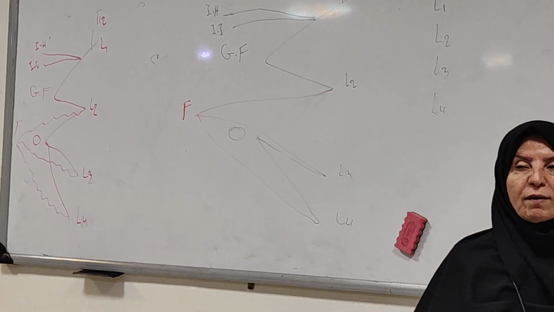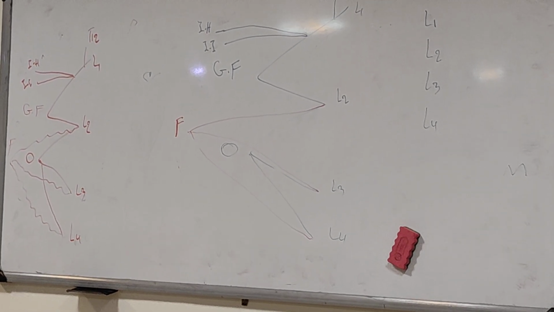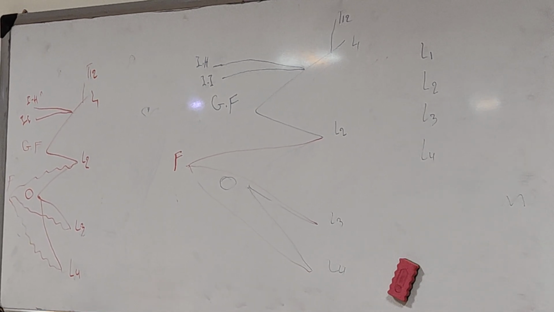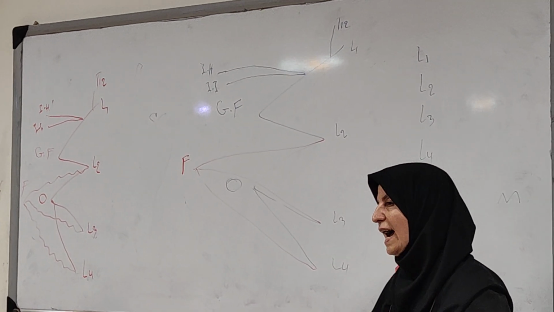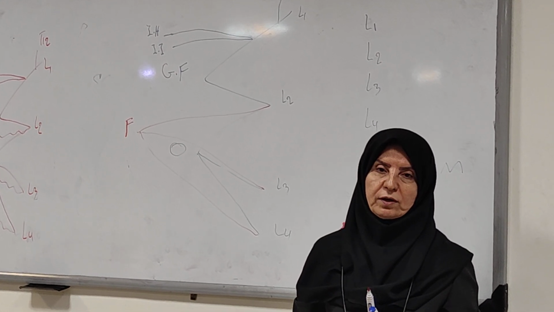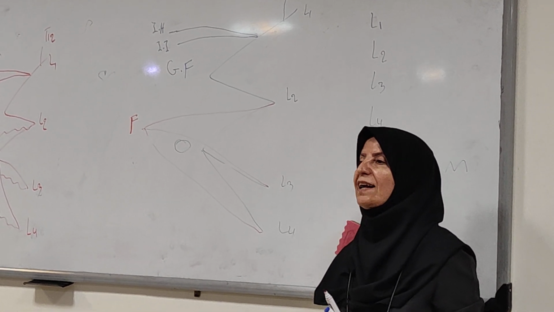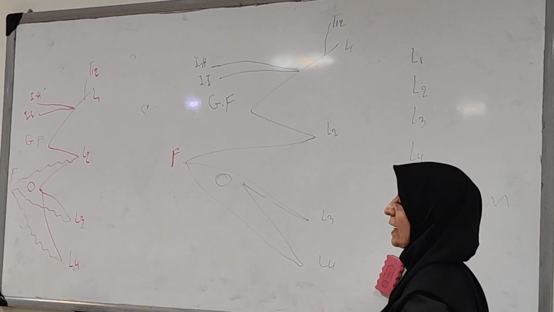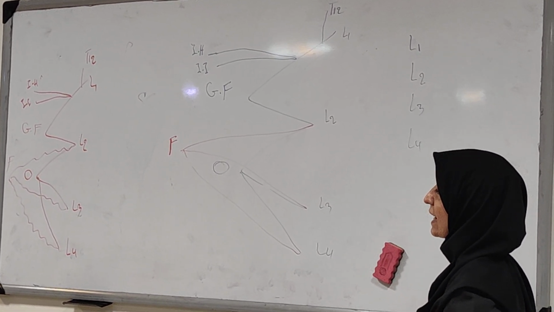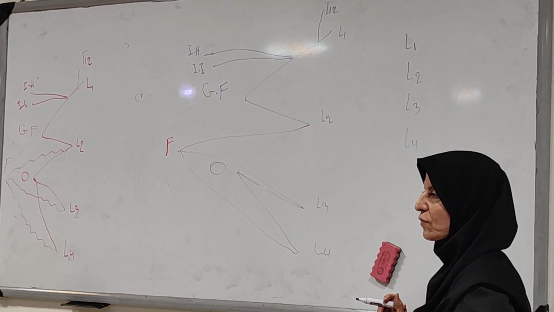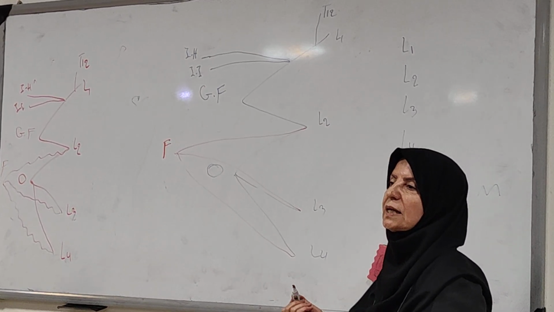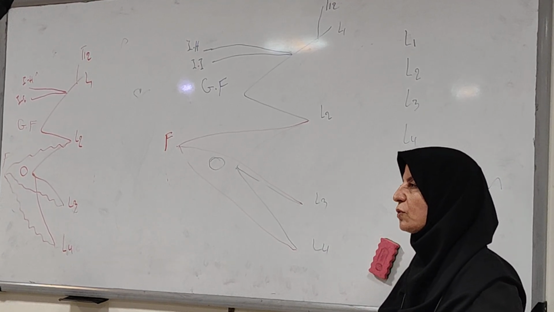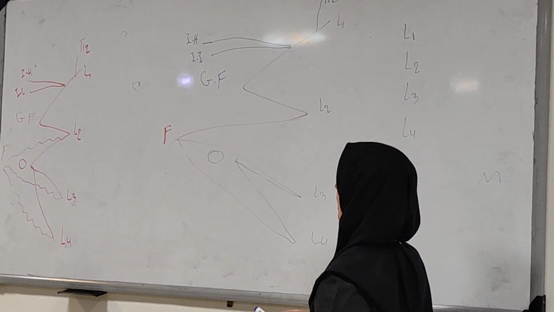Another branch in the lower limb, I'm going to explain, is responsible to innervate the skin of the lateral side of the thigh. The skin of the lateral side of the thigh is innervated by a nerve that we call lateral cutaneous nerve of thigh.